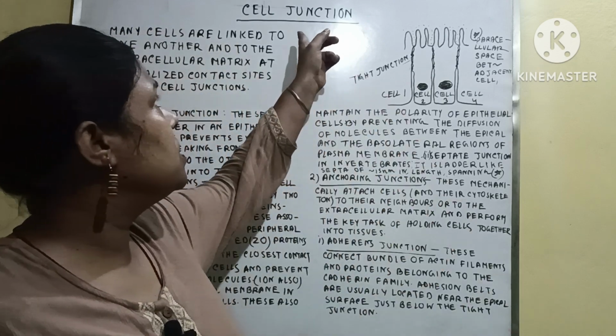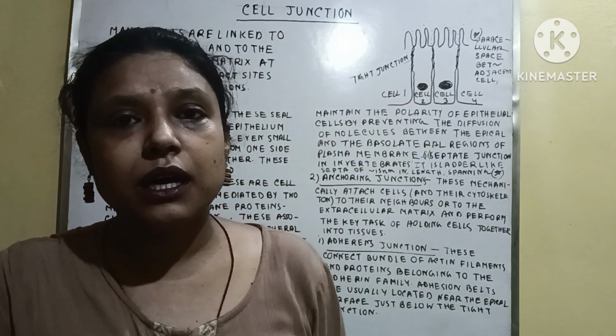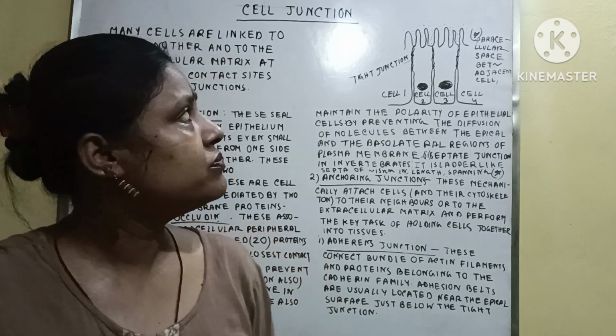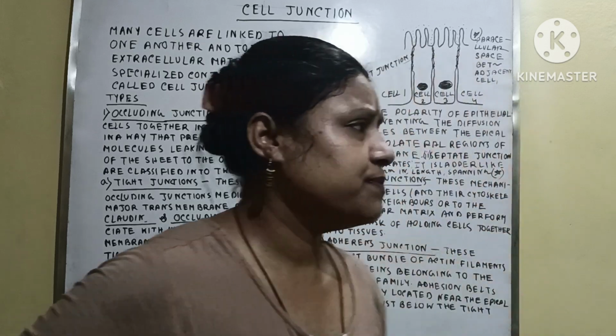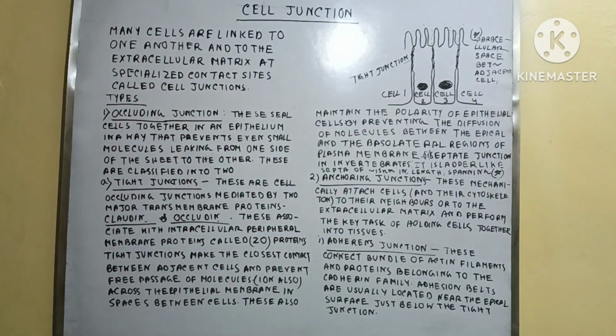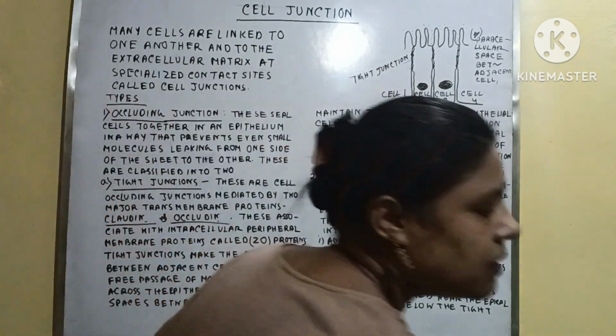And about this cell junction, today I will try to give a brief explanation. So what is a cell junction? The cell junction is actually the junction between two cells.